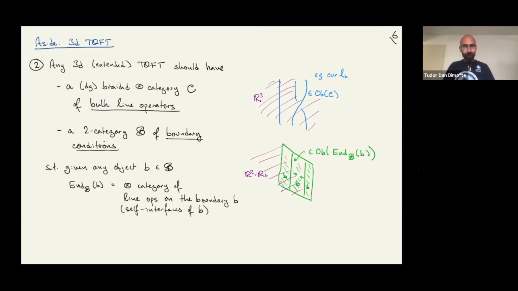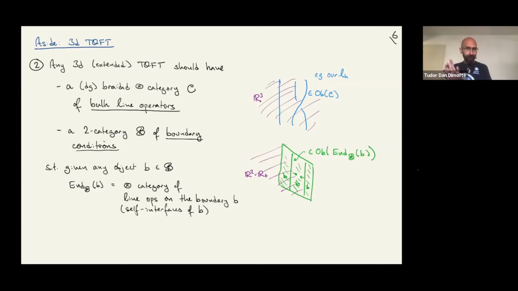Boundary conditions should form a 2 category, and the aspect of that that's quite important here is, given a fixed boundary condition, one can consider line operators sort of bound to the boundary, self-interfaces of that boundary condition. And these line operators bound to the boundary, called endomorphisms of that boundary condition little b, form a tensor category.